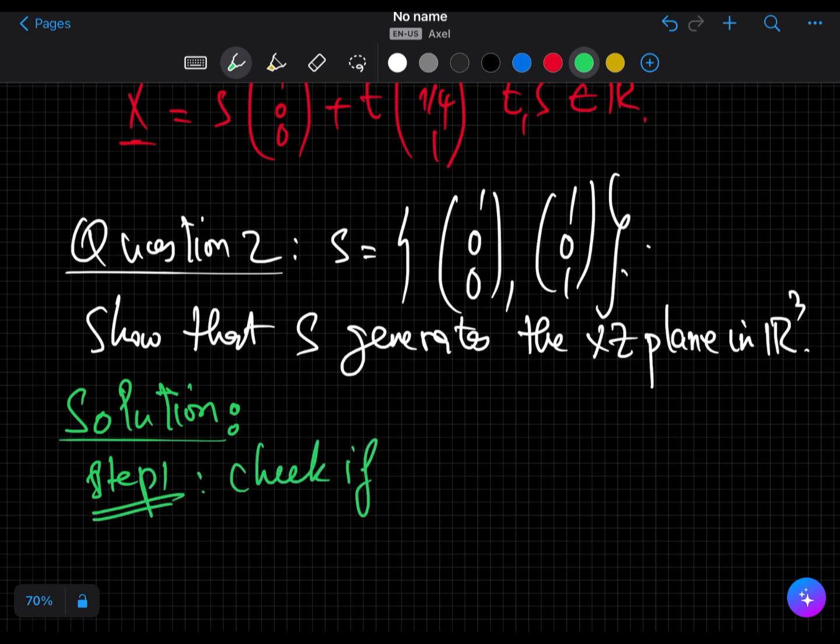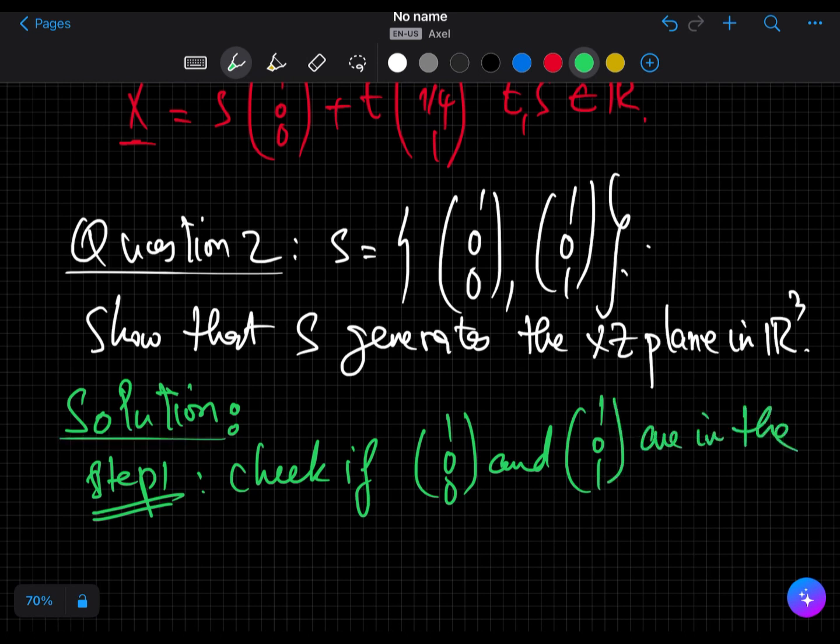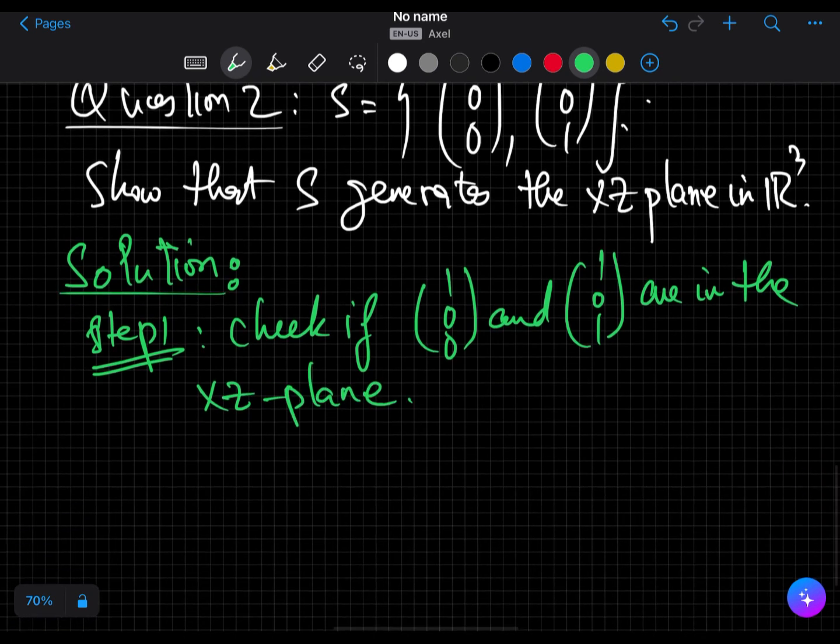if the vectors (1, 0, 0) and (1, 0, 1) are in the XZ plane. That's the first thing. That is, you check if the y coordinate is 0.